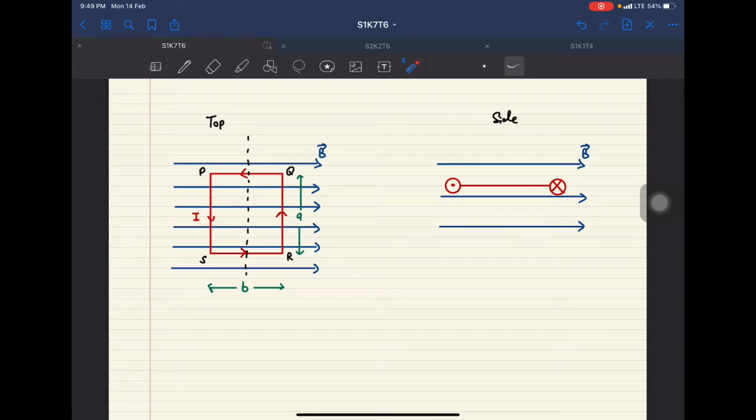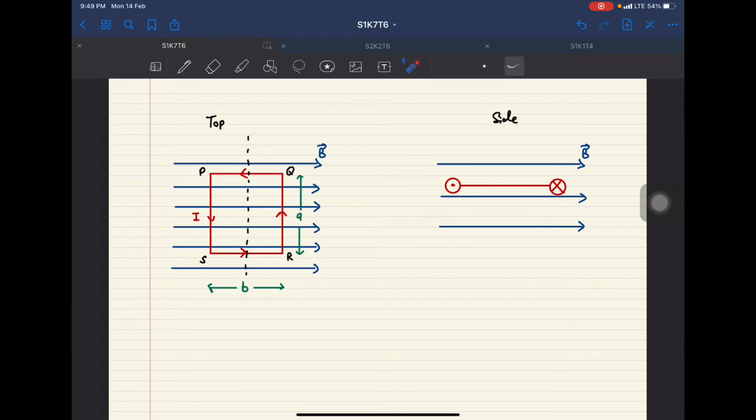And over here you have a force going into the page. This is the direction of your thumb, and this is the direction of the magnetic field.